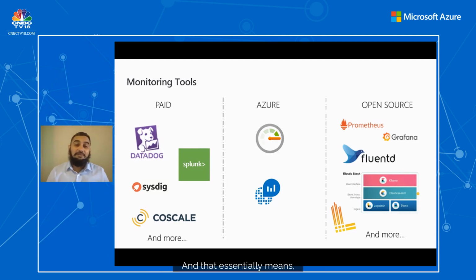And that essentially means you are still capturing Prometheus data. The power of Prometheus is there, and the repository where the data eventually resides is the Log Analytics Workspace. So it's kind of the best of both worlds, because you're getting a best-of-breed solution. You are also not managing the Prometheus server by yourself. You already have that being managed by Azure.